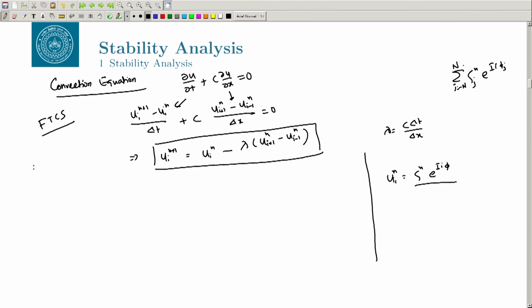So, this is basically a combination of many different waves, right, but what our stability condition says is that for any of the waves, it should not grow unbounded in time, okay, that is the criterion. So, we can analyze any given wave.